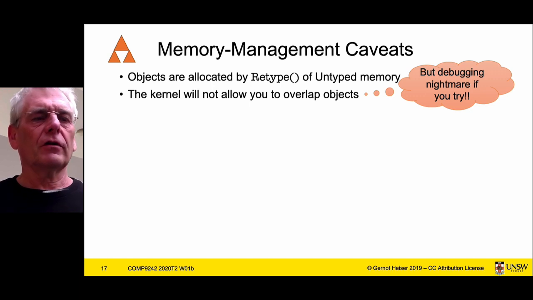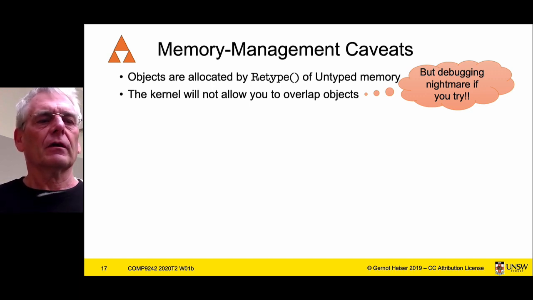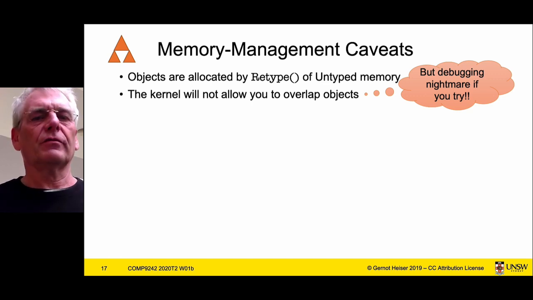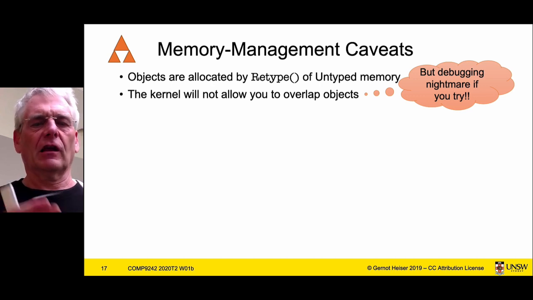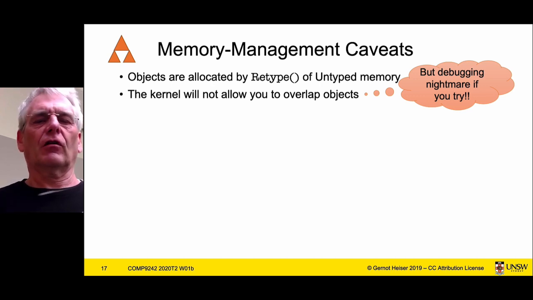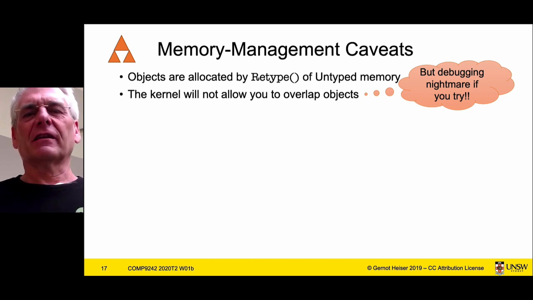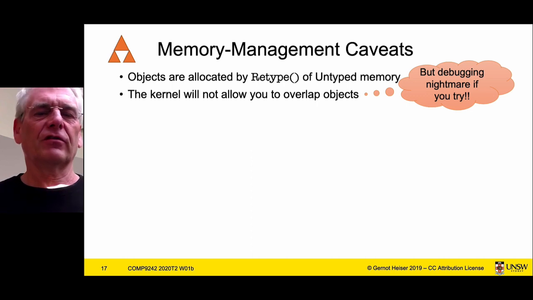What you also need to understand is that when you retype untyped memory into a specific object type, the kernel guarantees there's no overlap. So it will not allow you to create overlapping objects. And of course, your libraries won't even try that. However, if you actually try to retype overlapping objects by retyping from an address in an untyped that's already been used, then you will run into very interesting debugging issues.